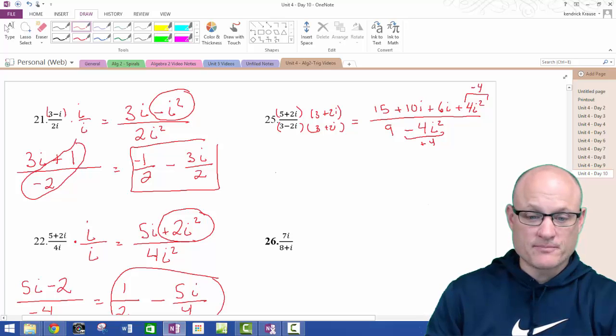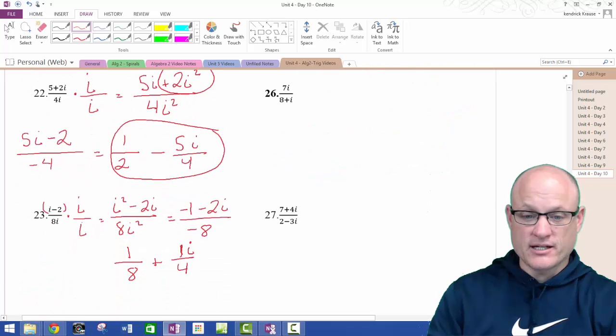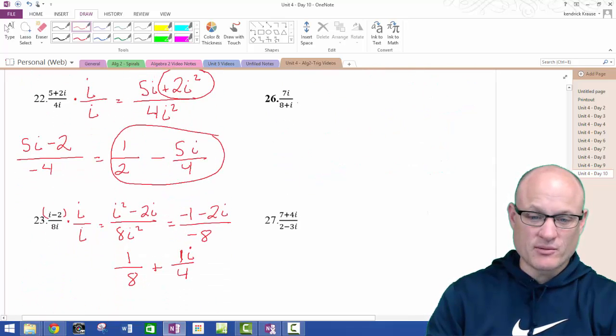So now we can combine. 15 minus 4 is 11 plus 16i, that's putting these two together, all over 13. And to write it the best way, I should have 11 over 13 plus 16i over 13. Again, it's not hugely necessary, but sometimes it is, sometimes it isn't.